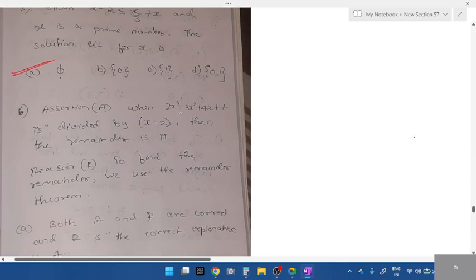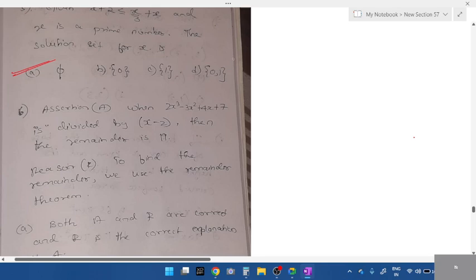Assertion. When divided by 2, the remainder is 19. So assertion and reason is basically true or false. You're just going to check whether the given value is true or false. That's it. That's the meaning of assertion and reason. Assertion is x is equals x minus 2. Therefore, x is equals to 2. You have to substitute this equation.